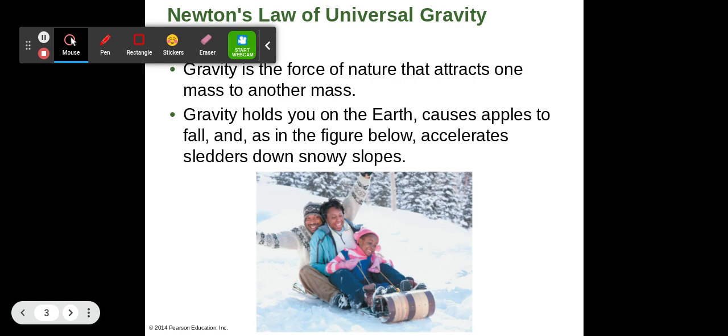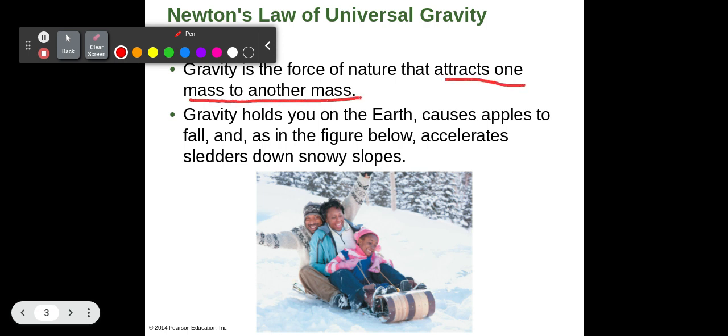All right, so remember, gravity is a force of nature that attracts one mass to another. So we usually think of it in terms of the fact that we are attracted to the surface of the Earth. That's why we can't float around. So we are one mass, the Earth is another mass, and gravity is just our attraction of one mass for another.